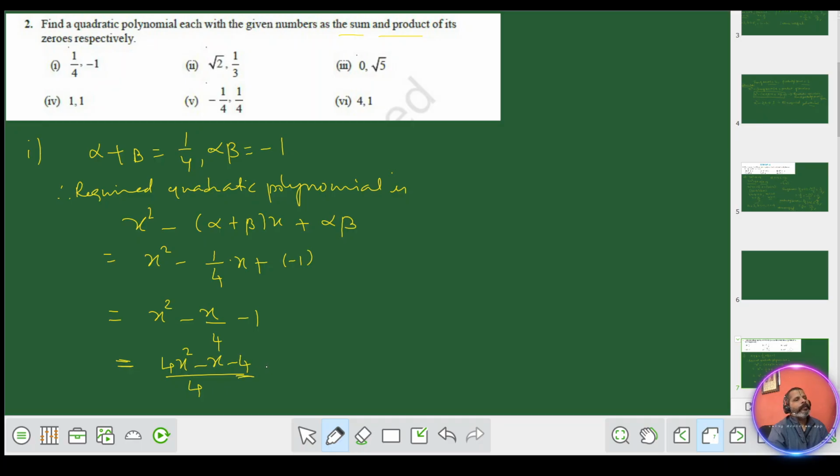Ideally, you can leave the polynomial at this stage, because they have asked quadratic polynomial, not equation. So to put a 0 there is no meaning here. We cannot put.